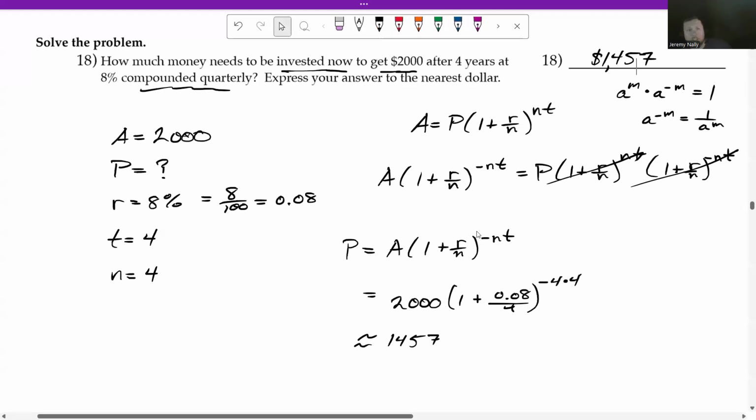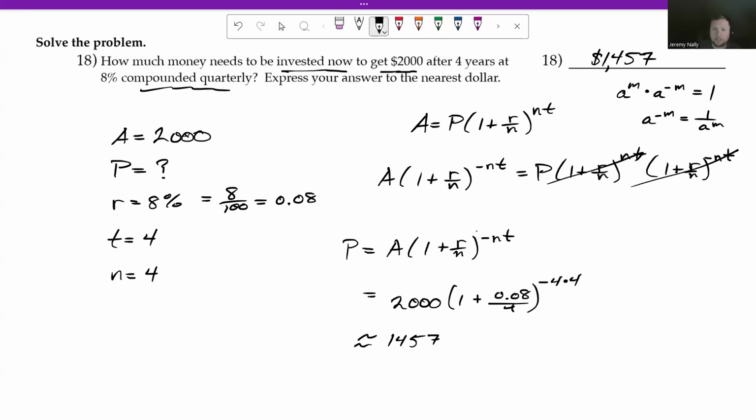Sanity check for this: if it's something that you're investing now to get some higher dollar amount in the future, then what you're investing now should be smaller than 2,000. If you get an answer that's bigger, then it doesn't make sense. Maybe you forgot to put that negative exponent in there, or maybe you forgot to divide.